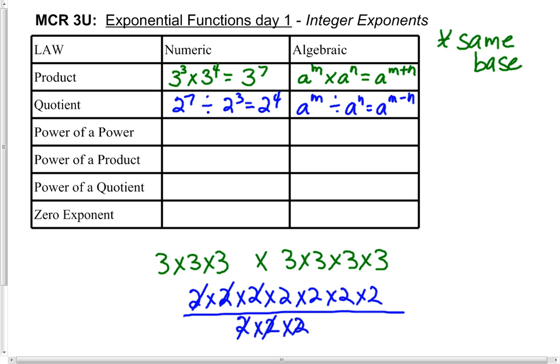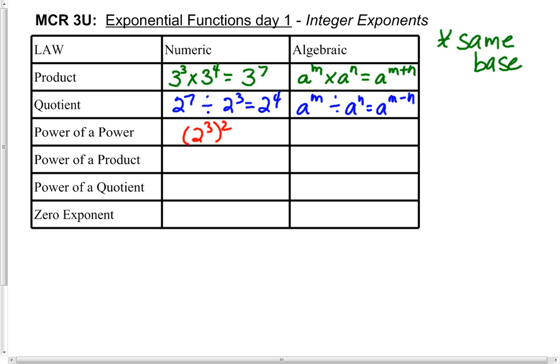Power of a power. For example, if you have 2 to the 3 squared, that means 2 to the 3, or 2 cubed, times itself twice, which we know the rule for multiplication would be adding exponents, would be 2 to the 6.